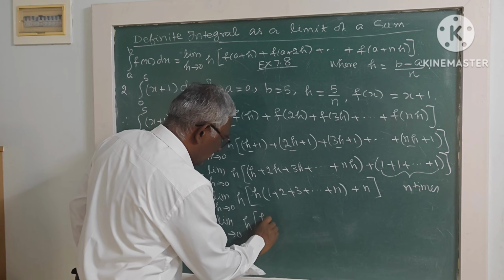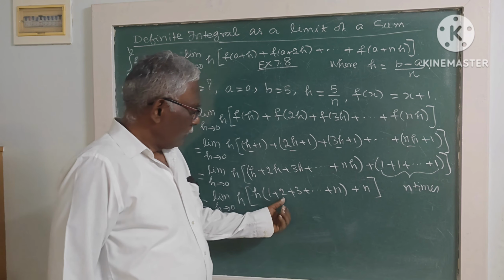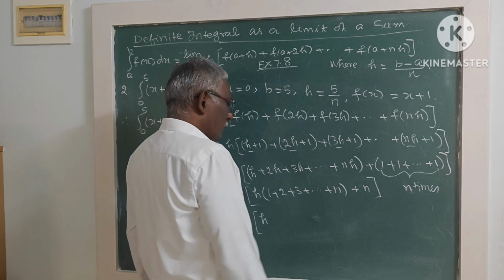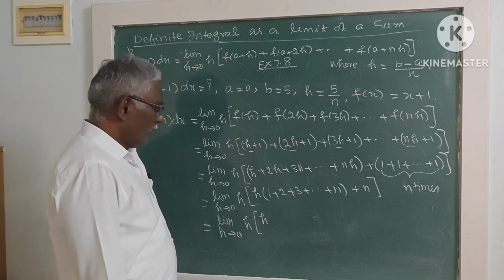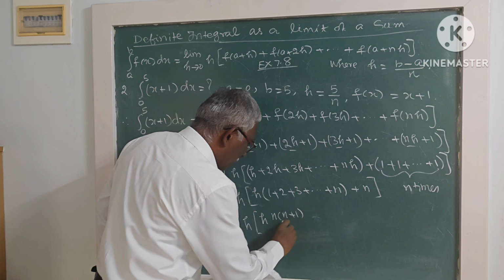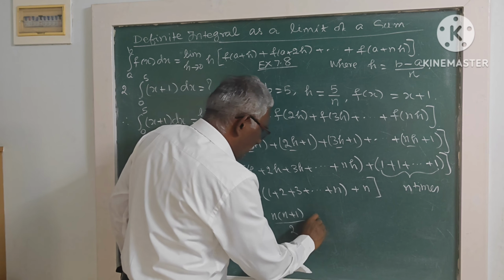H into what is 1 plus 2 plus 3 up to n? This is the sum of the first n terms, that's nothing but n into (n plus 1) by 2, plus n.